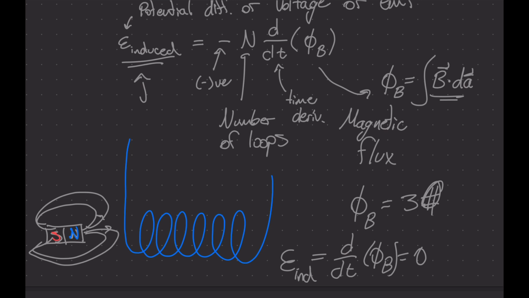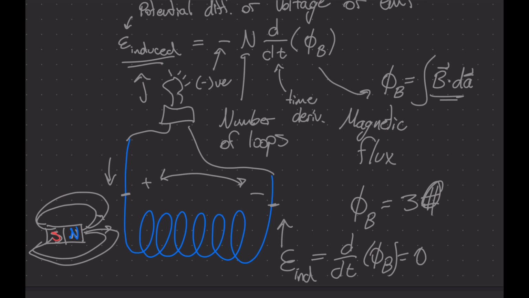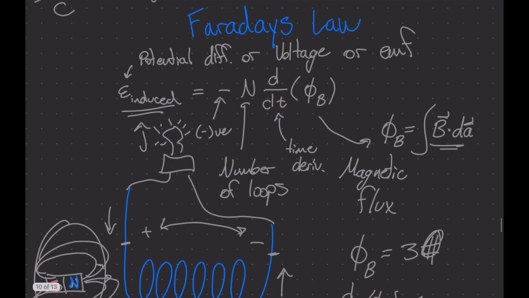And what that induced EMF means is there's basically a potential difference between these two things. And if there's a potential difference, there will also be a current. So if you attach this to a light bulb, you would get the light bulb to glow by just moving this magnet in and out of these coils, by Faraday's law over here.